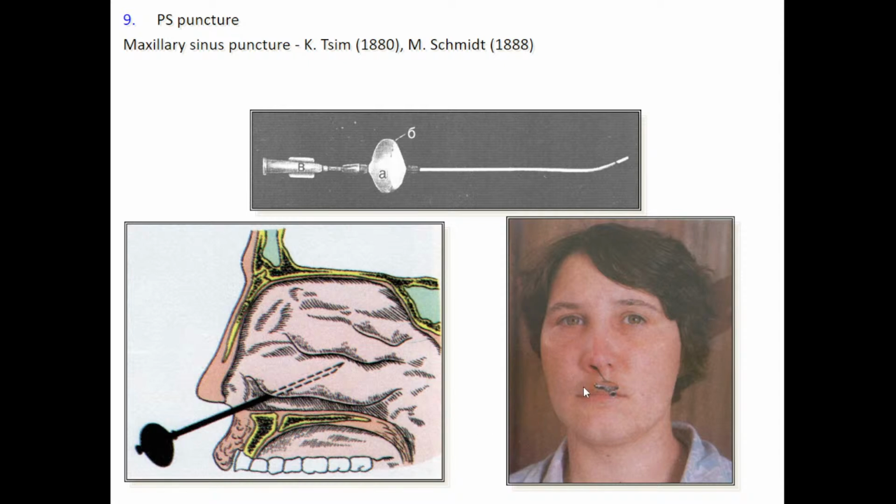For this purpose, we make local anesthesia, introduce the needle down to the inferior nasal turbinate, into the inferior nasal meatus, and direct the needle to the lateral angle of the eye.